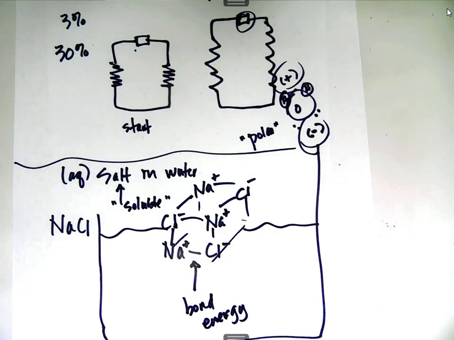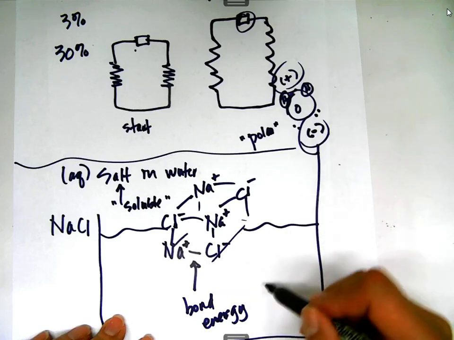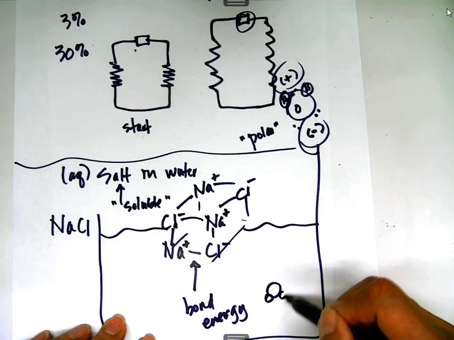The amount of energy it takes to break that bond varies depending on the charge of the ions, as well as the attraction that each of the ions feels for each other, as well as the size of the ions. So that bond energy changes depending on how much energy it takes to break that individual bond. So if a water molecule orients itself and starts to approach chlorine, here's a water molecule just floating around the water.